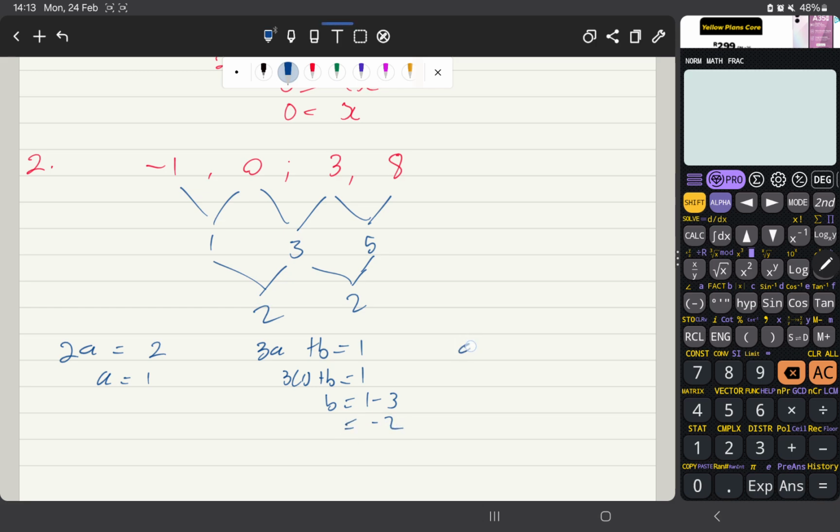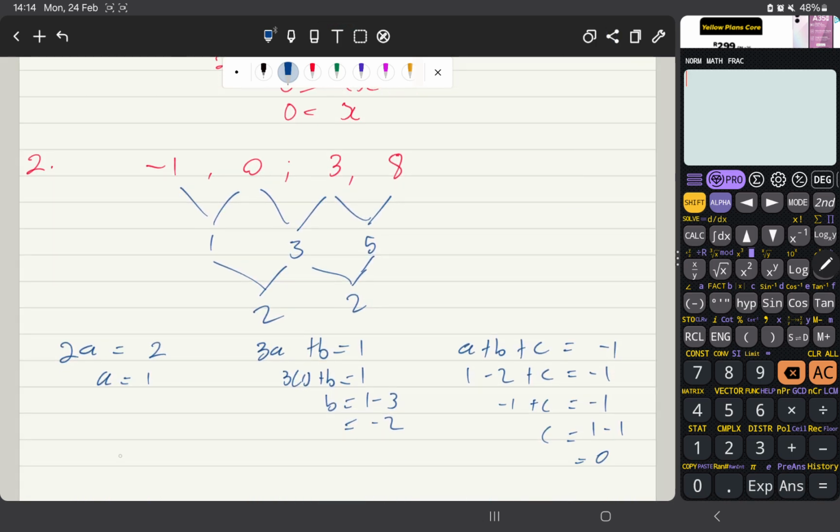And then I have a plus b plus c equals minus 1. And that is 1 minus 2 plus c equals minus 1. So you have minus 1 plus c equals minus 1, then c equals 0. So it looks like I've run out of space.